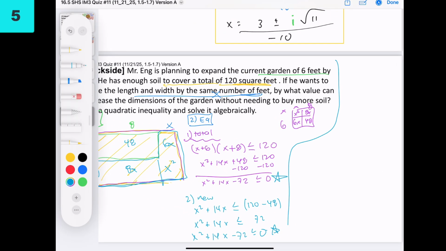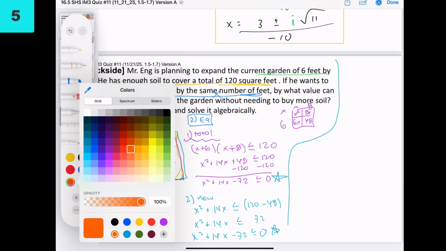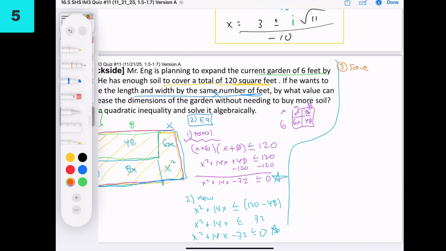Okay, number 3. Let's go ahead and solve. Let's see if we can factor this. So negative 72, 14. 2 goes in there twice, 24, close. 6 and 12, no, passed it.